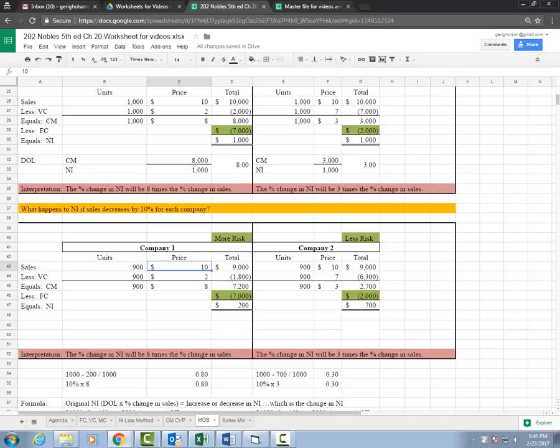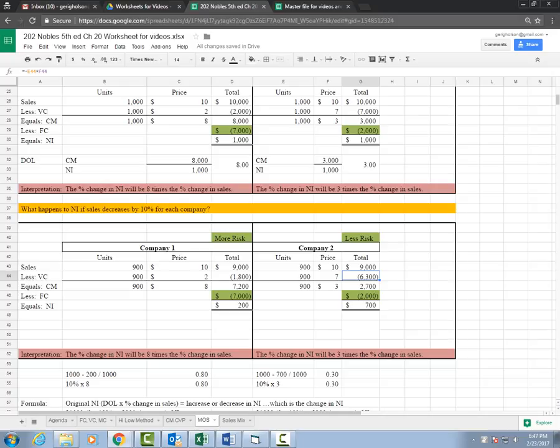Sales price stays the same, so the sales are still 9,000. Our variable costs for company 1 are $2 a piece, so that becomes $1,800. The variable costs for company 2 were $7 a piece, and so that is $6,300.